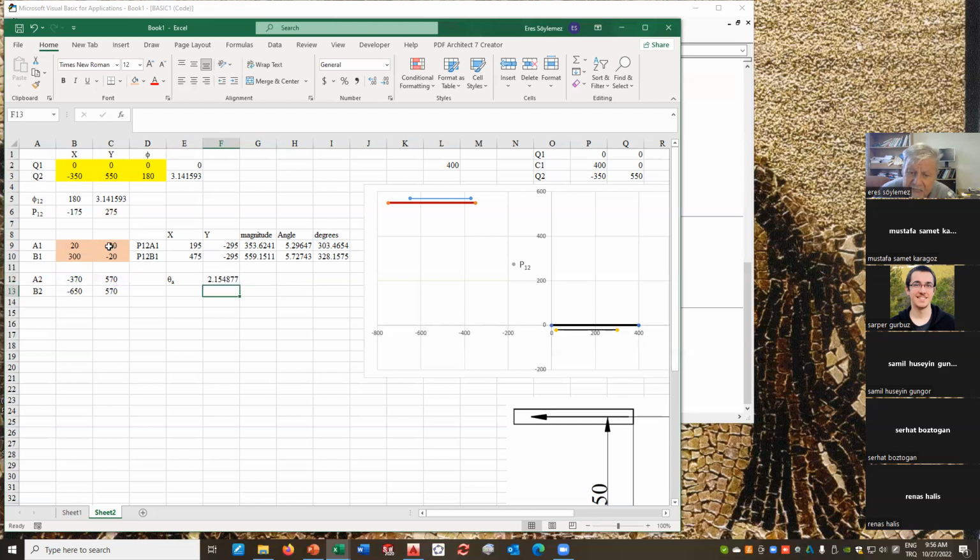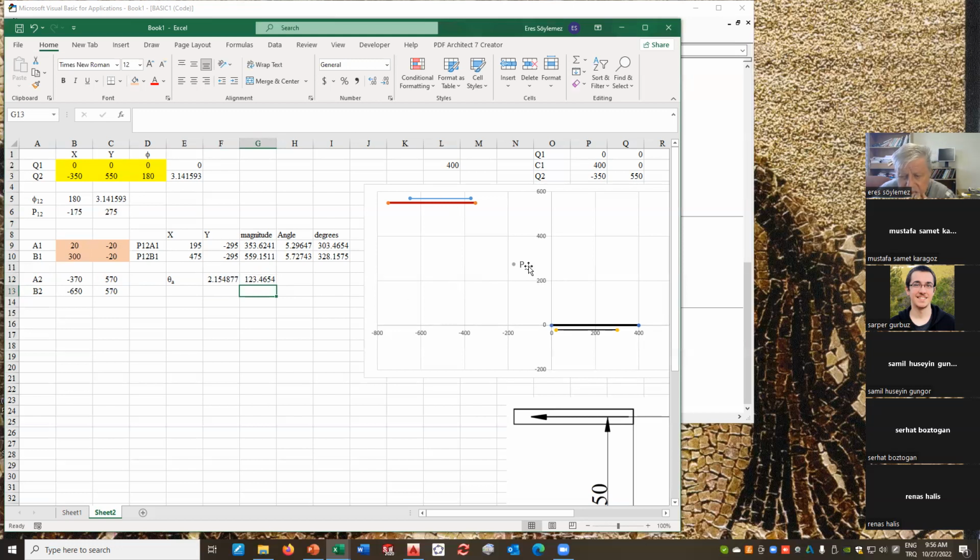Correct? This is the angle made by A1, A2 with respect to the positive x-axis. It is equal to this value divided by dr, 123 degrees, which is correct.